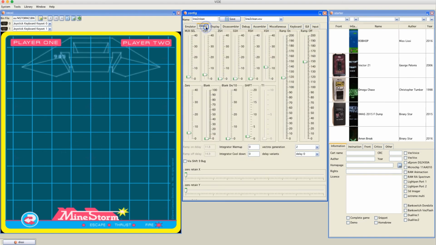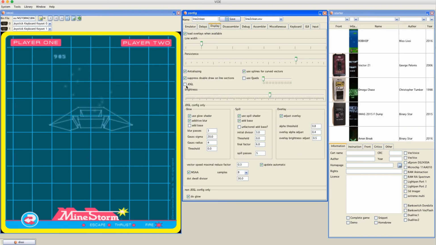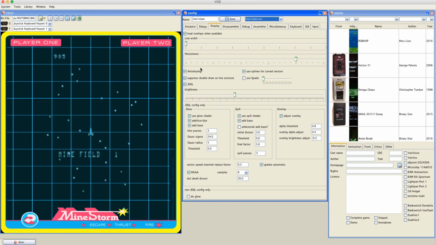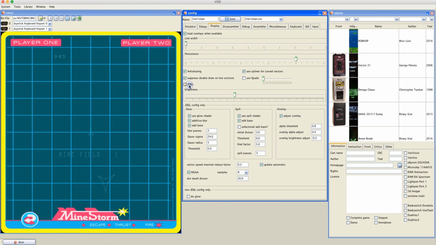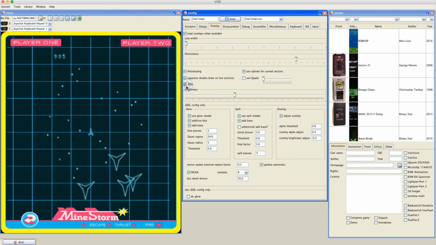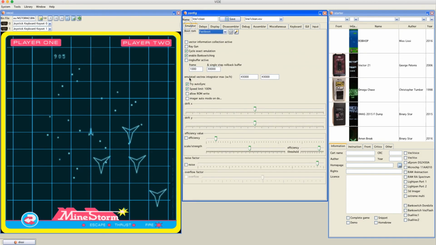If I switch to joggle, use the joggle data and switch the speed limit off again, you can see we are at a speed of about 250-260%.